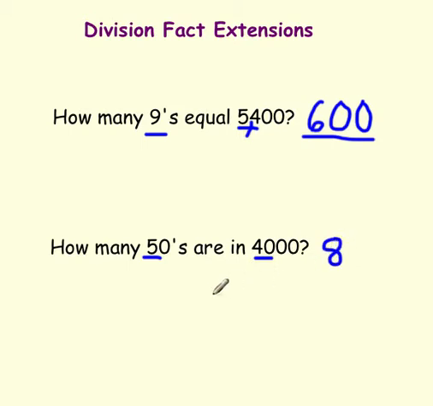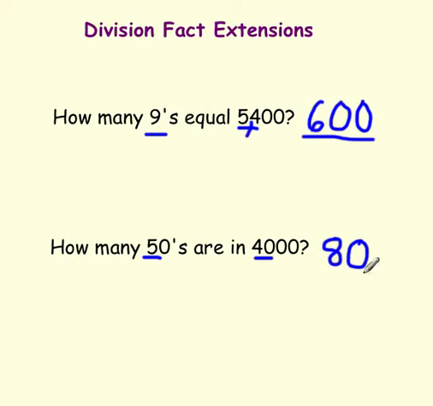Here's where it gets a little bit tricky because we have 5 tens over here and we have 40 hundreds over here, and I want to make sure that when I multiply this 8 times the 50 that I get all the way up to 4,000. If I just leave it at 8 50s, 8 times 5 would be 40, and if I add a 0 that would give me only 400. I need 4,000. So this means I need to put a 0 at the end of my 8.